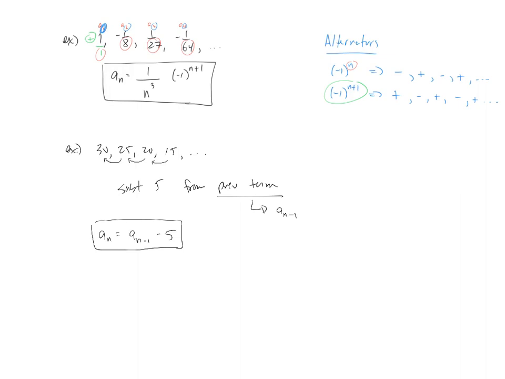So now it's our job to tell the reader where to start. The only way you're going to get these terms in this order is if you start at 30 and subtract 5 from the previous term. Once again, like the last one, it's great to check your answer on this. You can guarantee that you're correct by just throwing in a few numbers and making sure it checks out.